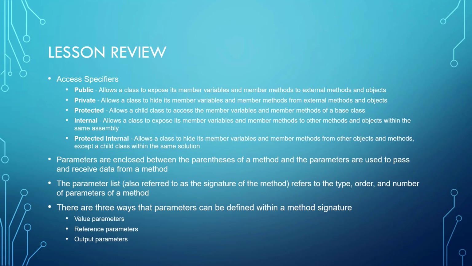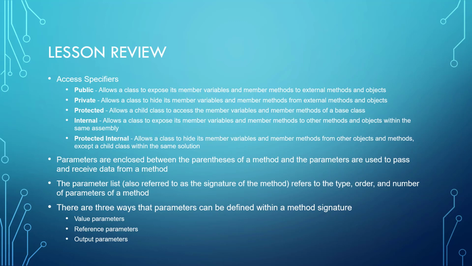So, in review, we learned today that there are several different types of access specifiers. There's a public access specifier, and it allows a class to expose its member variables and member methods to external methods and objects. There's a private access specifier that allows a class to hide its member variables and member methods from external methods and objects.